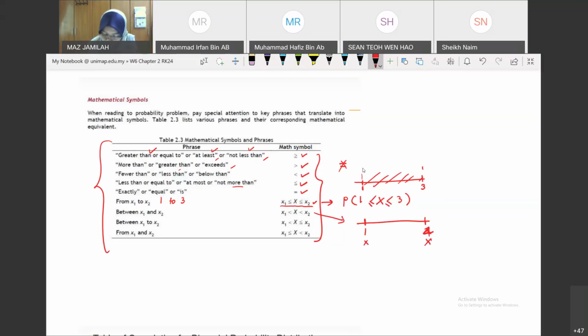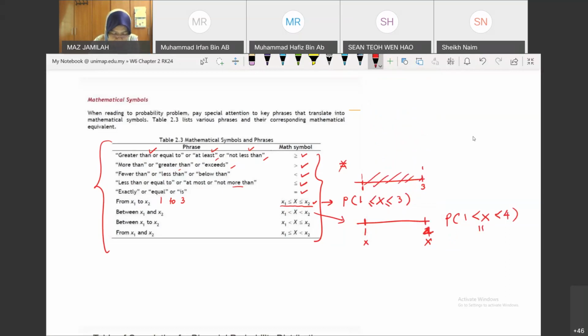So not including 1, it is greater than 1 but less than 4, for example. Get the concept first, okay?